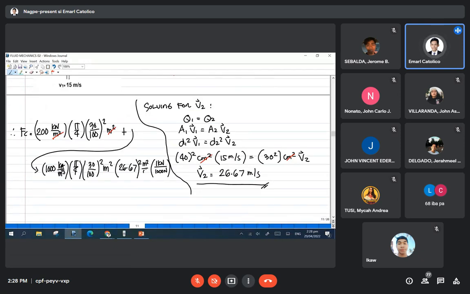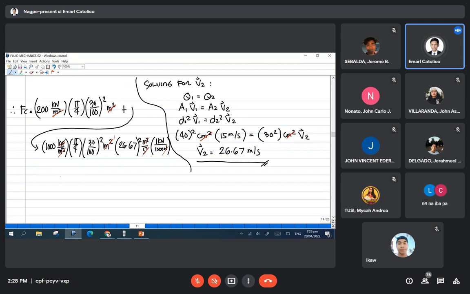Squared, meter squared per second squared. Okay. So, cancellation of units, kilogram meter per second squared is Newton. Cancel cubic meters. Yan, tama, kilonewton.